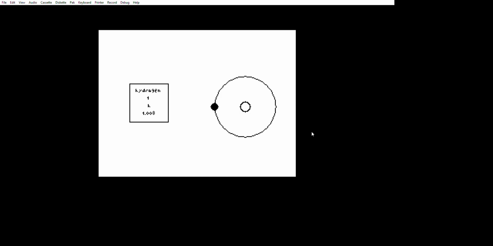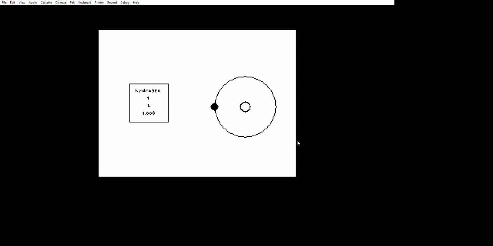They orbit around the nucleus, and inside the nucleus is a proton and a neutron. A proton is a positively charged particle. It's larger than the electron, not by much, and it's usually grouped with a neutron, which has no charge, just a neutral charge, not positive or negative.